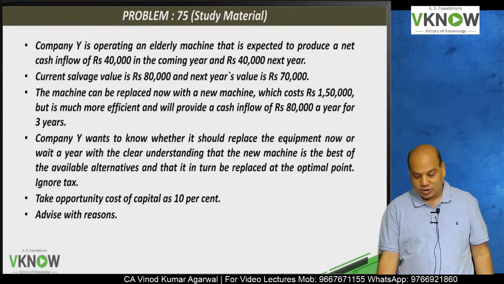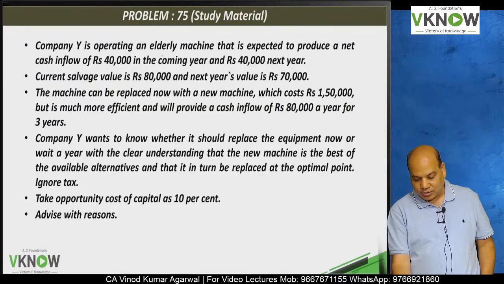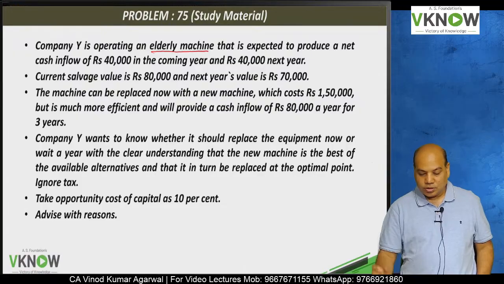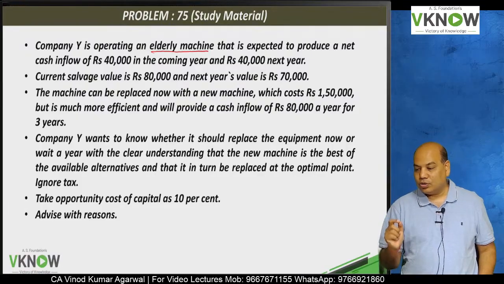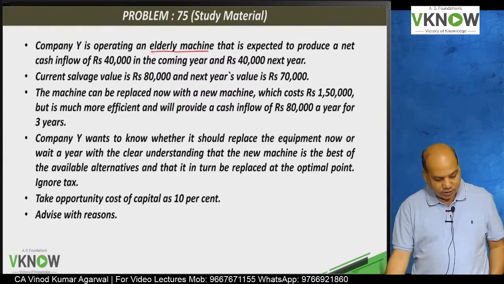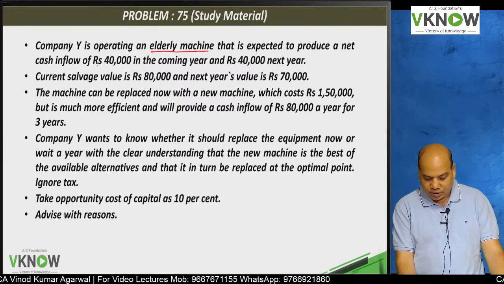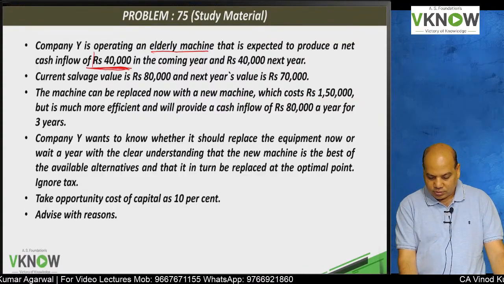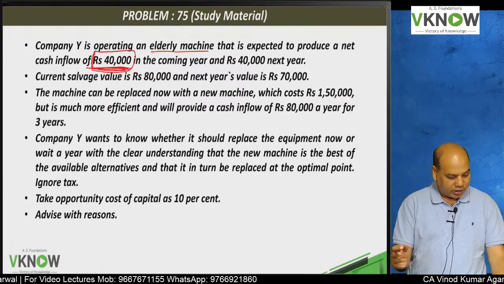Company Y is operating an elderly machine. Elderly machine means old machine, that is expected to produce a net cash inflow of rupees 40,000 in the coming year. I think this 40,000 is not printed, so please write it in the book if not printed. If printed, then ignore.